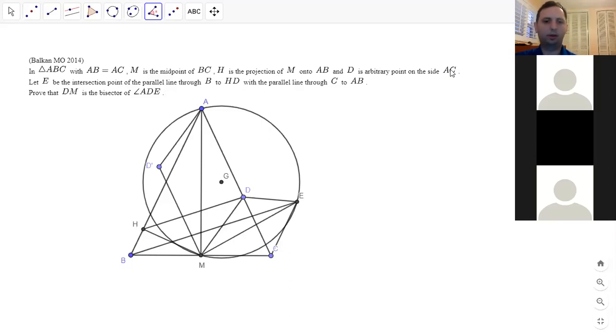Yeah, I guess I'm gonna delete D prime for now. So yeah, first of all, can we show angle GDM is 90 degrees?